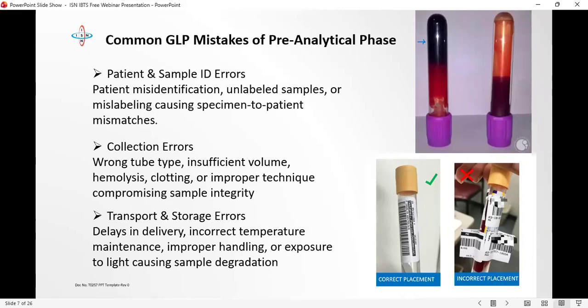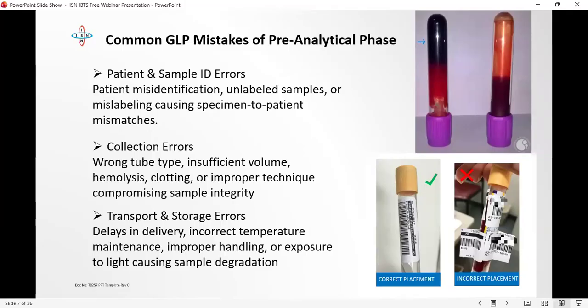Transport and storage errors. So, delay in delivery. Maybe a sample was collected from a smaller laboratory and you want to transport it to a reference laboratory. If there is delay in delivering this sample, it can be a risk during the pre-analytical phase.